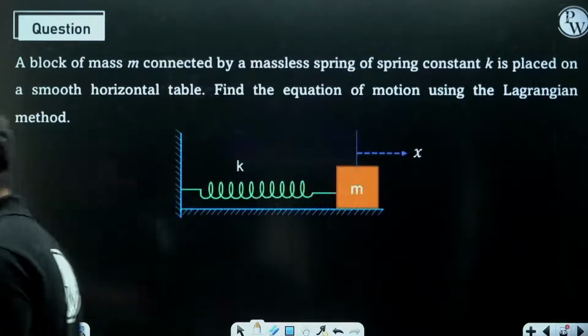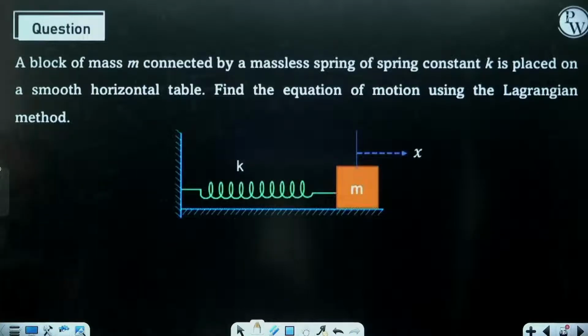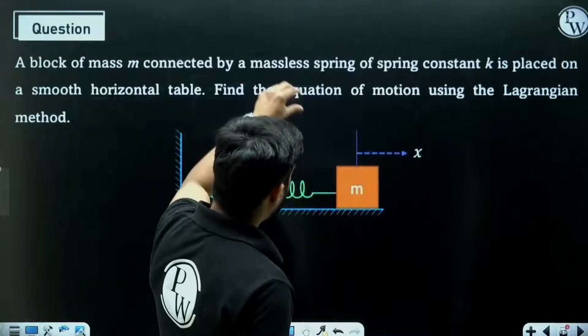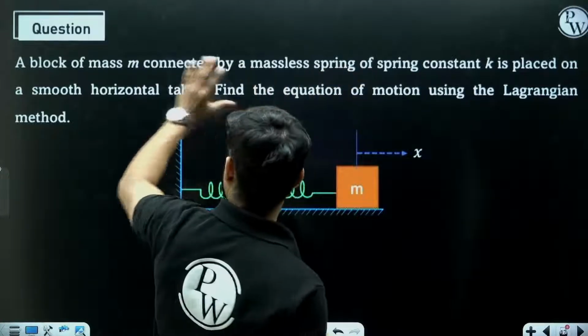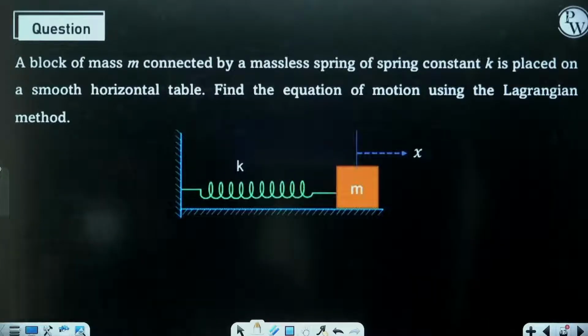A block of mass m connected by a massless spring of spring constant K is placed on a smooth horizontal table. Find the equation of motion using the Lagrangian method. So here we have a block of mass m which is connected to a spring.